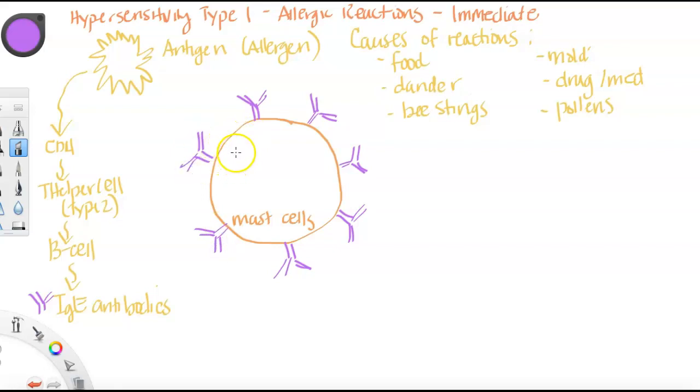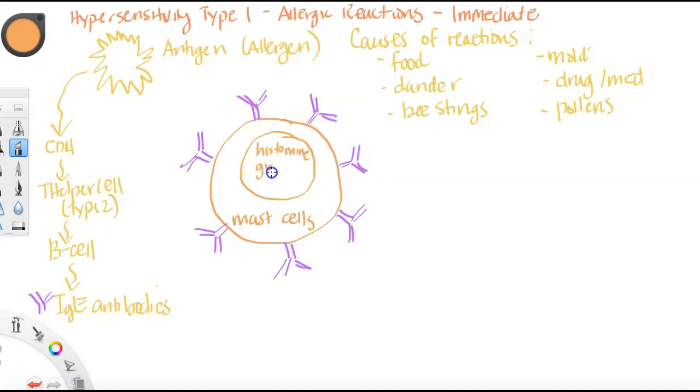Okay, so what does a mast cell do? What is it about mast cells? Well, here's the deal with mast cells. Mast cells contain these vesicles or whatever, but it contains a bunch of histamine.